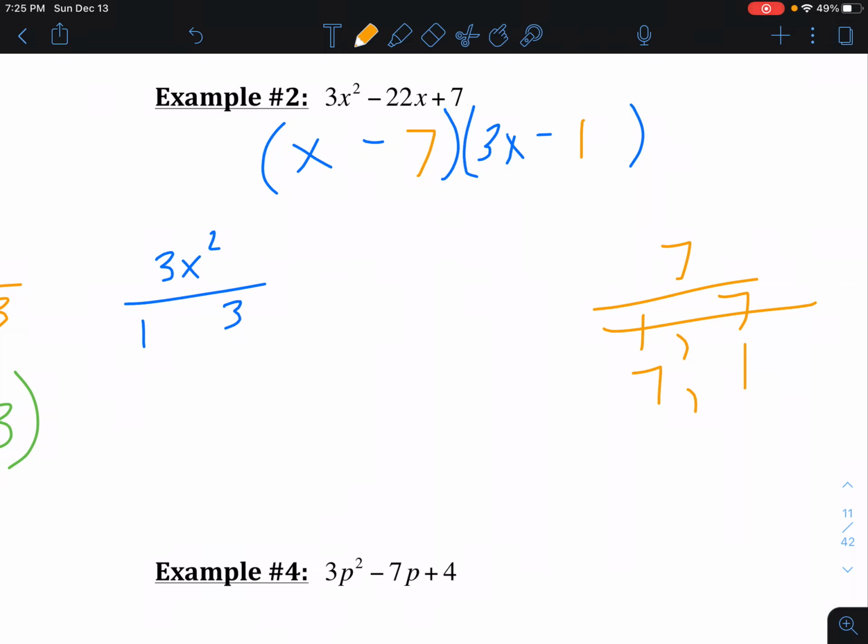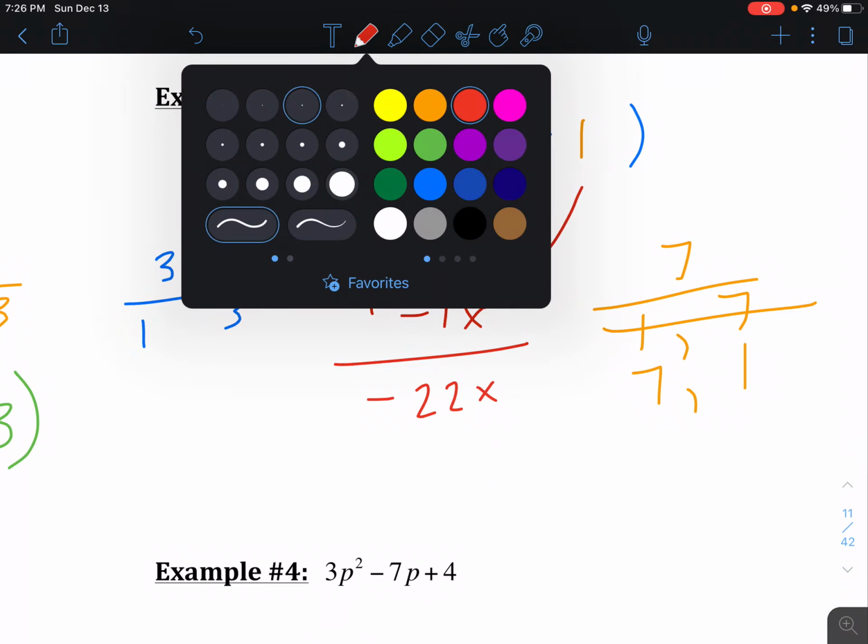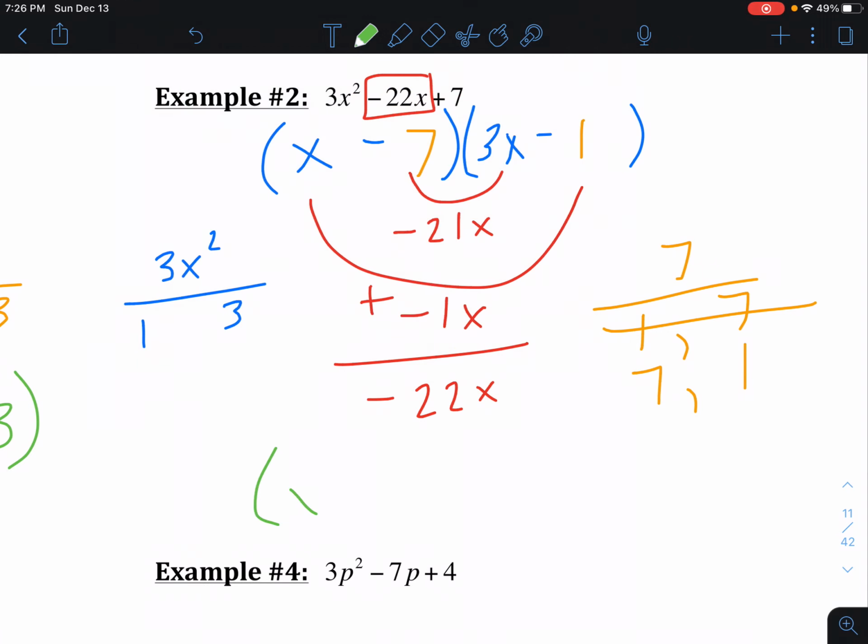Multiply the outsides to have negative 1x, multiply the insides to have negative 21x, add them up, that's negative 22x. There it is, that matches with my b term. So I now have my answer. I'm going to write it down here, x minus 7, 3x minus 1.